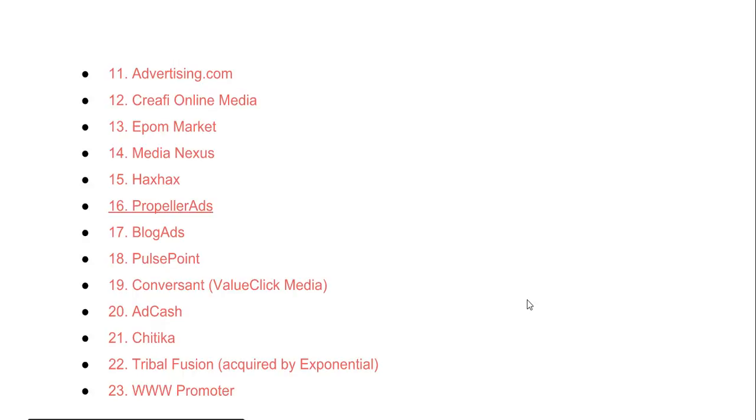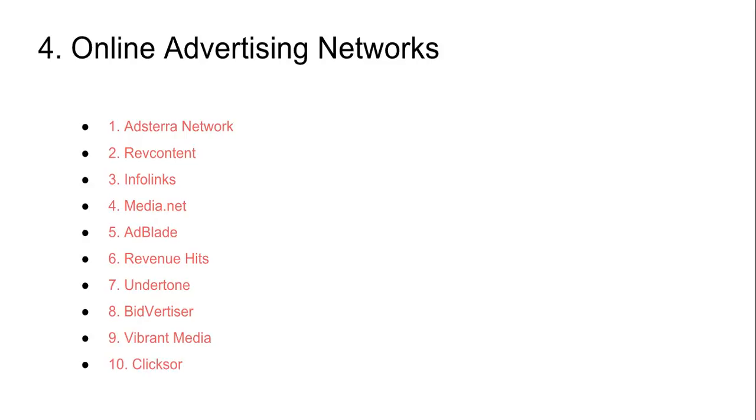So these are the advertising networks basically. They join the publishers with the advertisers. So here your role is the publisher, and you are finding the advertiser. So you can join with any one, more, or all of these networks.